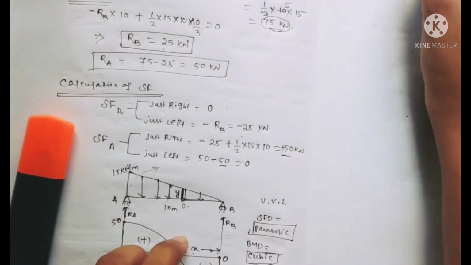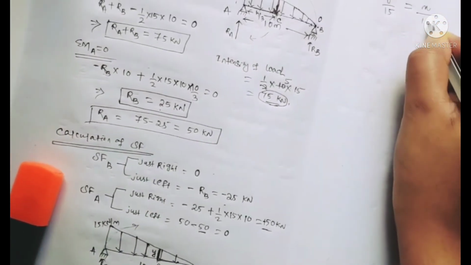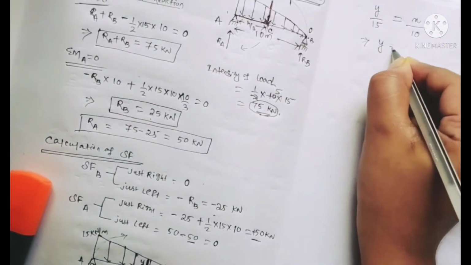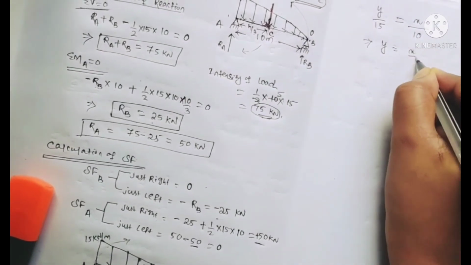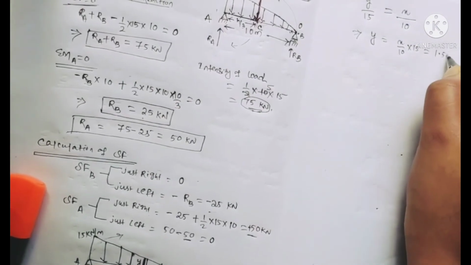This distance is x, and the whole distance is 10 meters. So we can calculate the value of y, which will be x by 10 into 15, that is equal to 1.5x.